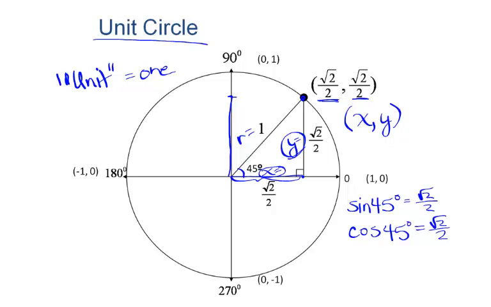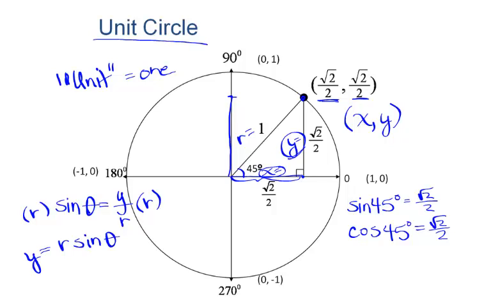Let's go back to the sine of theta equals y over r. I'm going to multiply both sides by r. So this says r times the sine of theta equals y. And I want to write it like that. Doesn't matter what direction I put the equal sign.